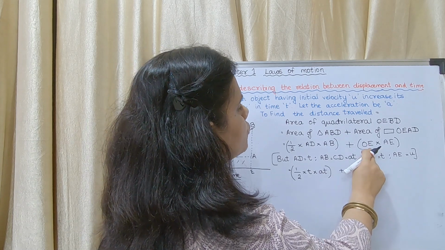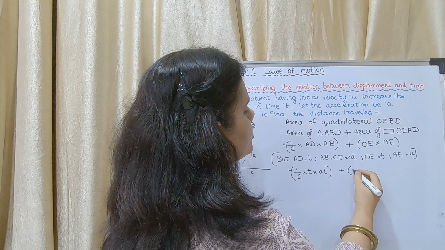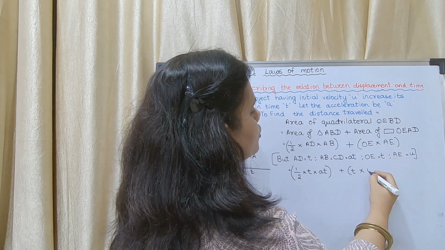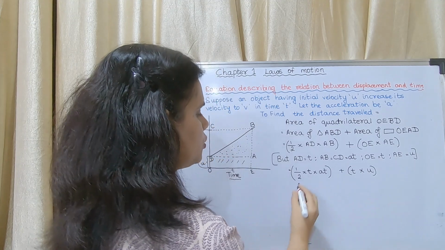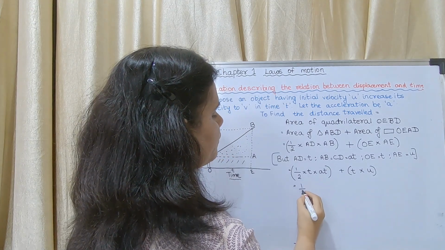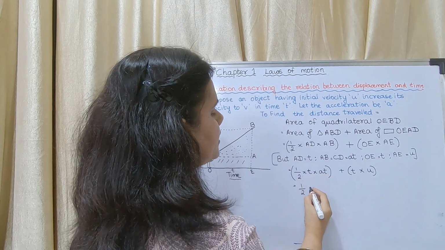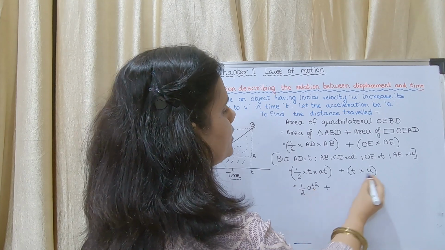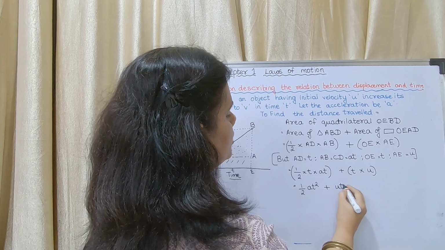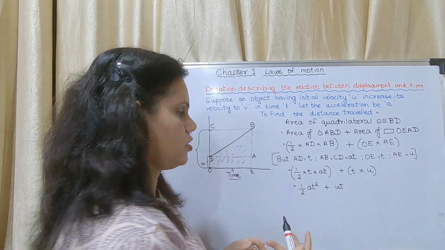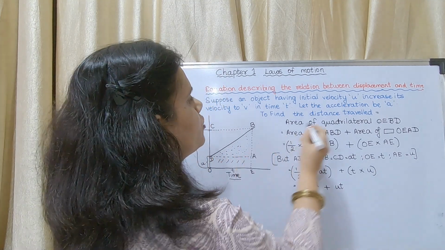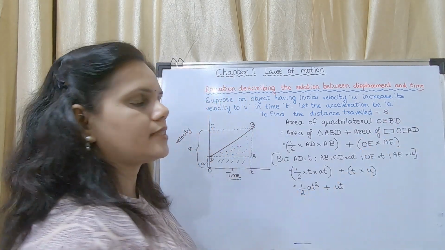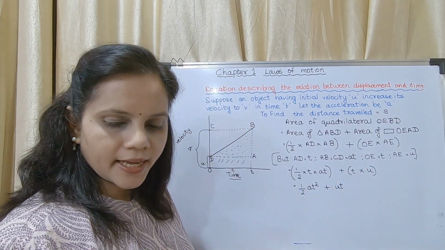Plus, instead of OE, I will write T. Instead of AE, I will write U. So it becomes half T into at, that is half at square, plus T into U, that is UT. You can write TU also. So what have you found out? You have found out the distance travelled. It is denoted as S.